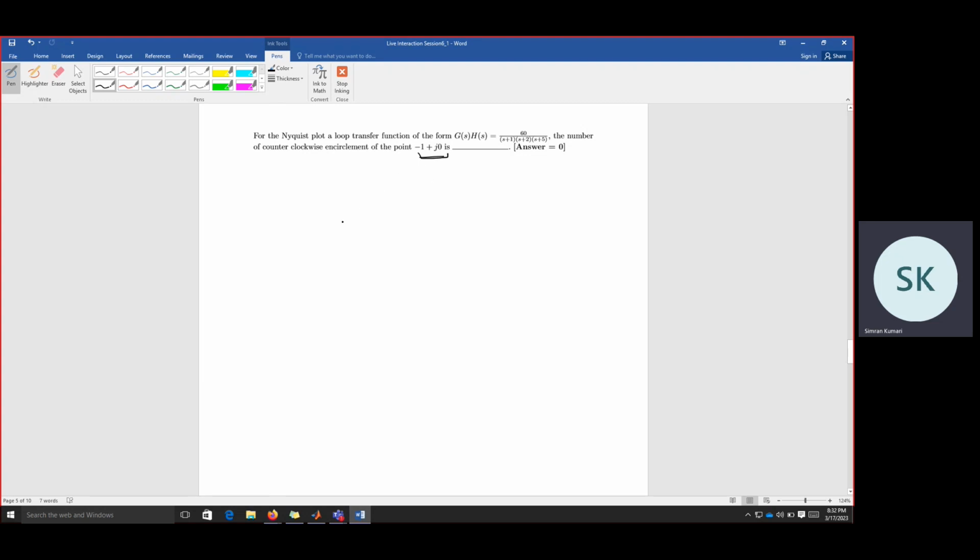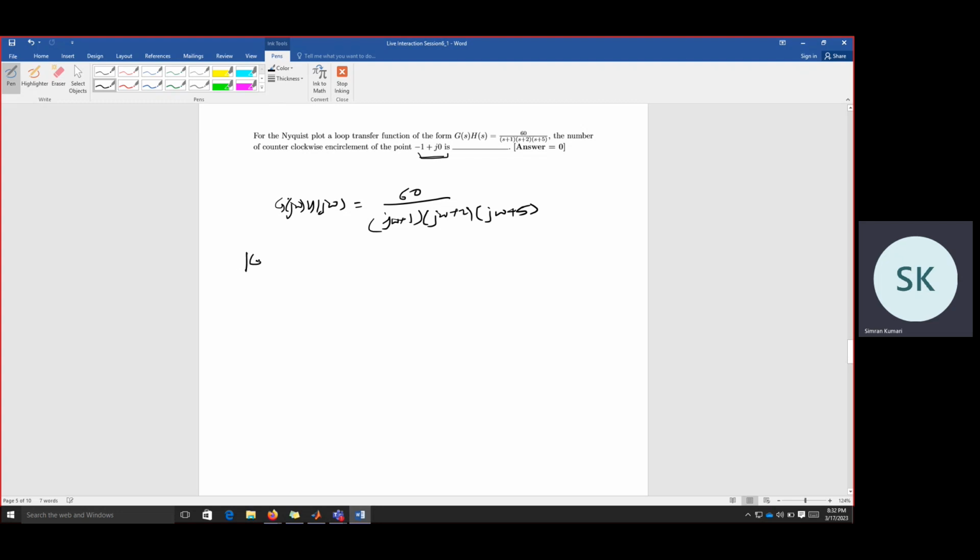So we will just try to draw this Nyquist plot. We can find G(j omega) H(j omega), that is the loop transfer function. This will be 60 by (j omega plus 1)(j omega plus 2)(j omega plus 5).